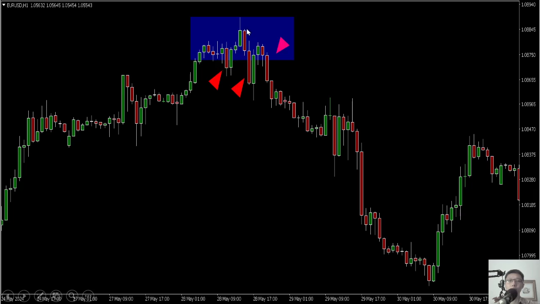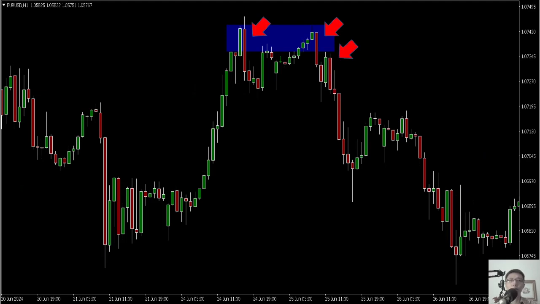This is one push, and the second push here, this bearish candle closed below the resistance area, and then the third push right here, this bearish candle closed below this resistance area. You can start to sell here or here. Okay, after 3 pushes to the downside.